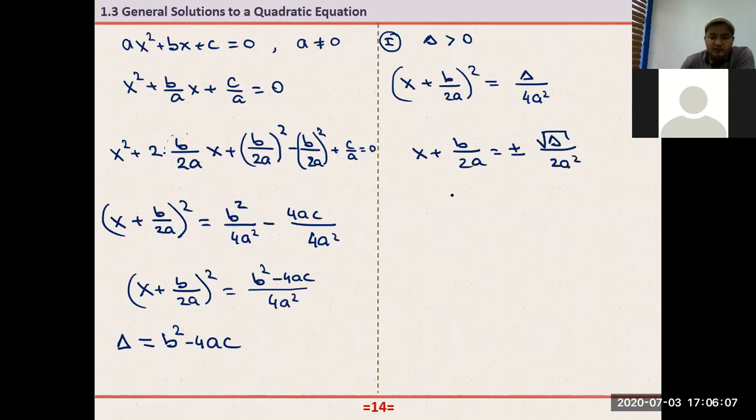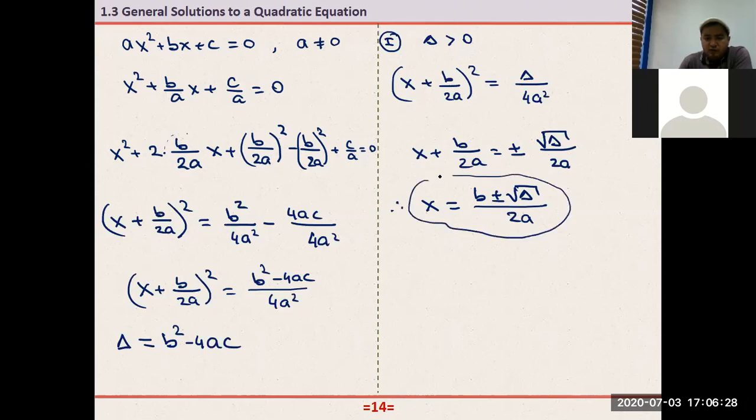Now if I take to the right hand side, then we will get the roots of the quadratic equation. Here we have no square because the square root of 4a squared is 2a. So here we have minus b plus minus square root of delta over 2a. Those are the 2 solutions of the quadratic equation.